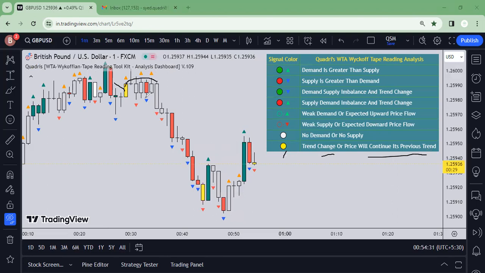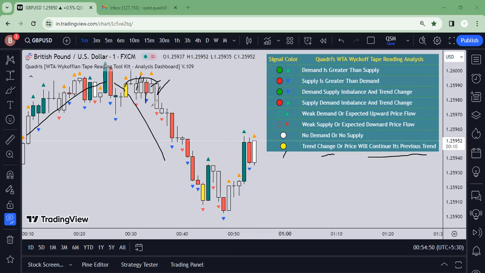Here there was no progress, no demand. As we were approaching upwards, what could be the possible trend change? Downwards. We have no participation at this. This was a deciding bar.